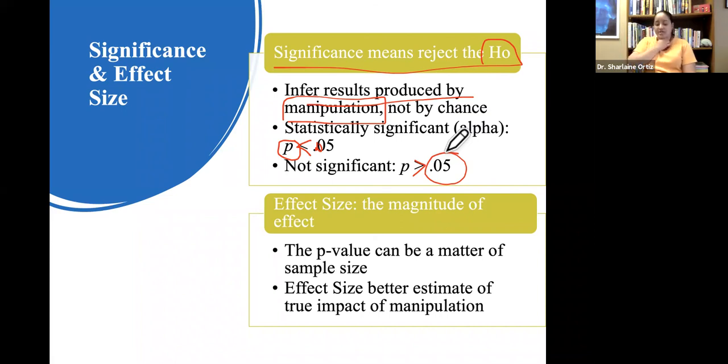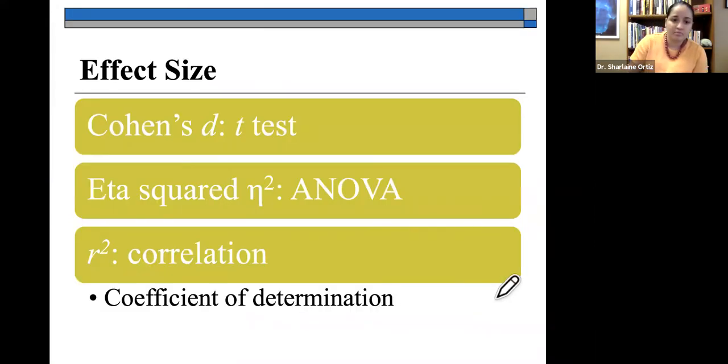Now, looking into the effect size, it simply describes how meaningful that significance was. So here the p-value will matter, and the sample size will indeed matter when it comes to the p-value. The effect size is generally a better estimate of the true impact of that manipulation.